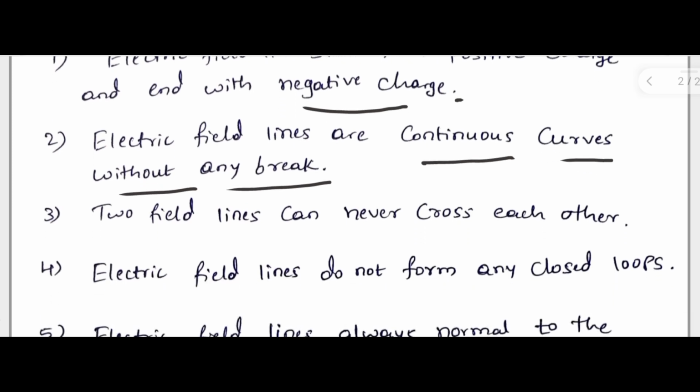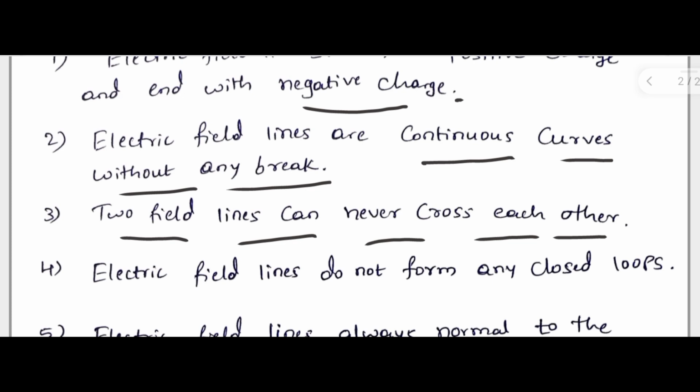Next: two field lines can never cross each other. You may observe the formation of field lines. There are a number of lines, and all lines are located individually in their own path, meaning there is no overlap between one field line and another, which you have to observe in a diagram.